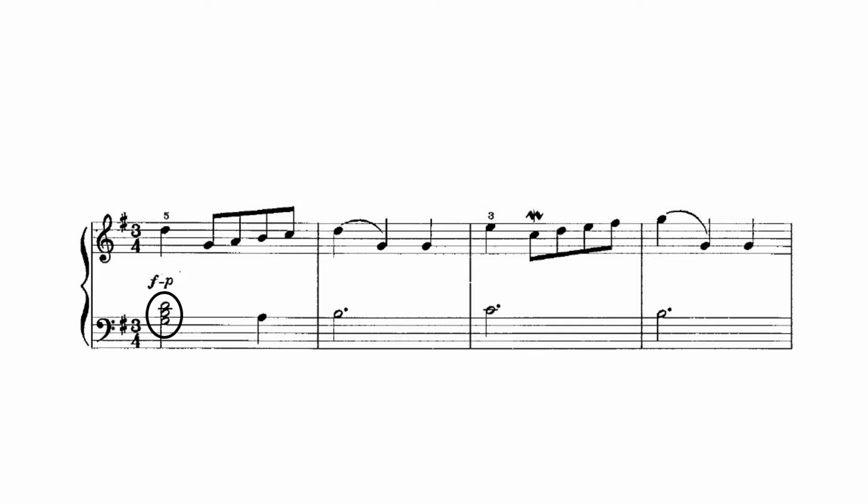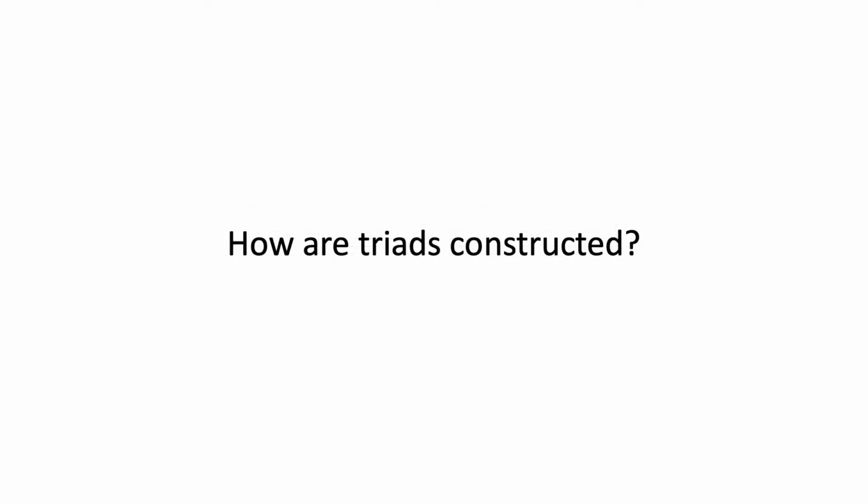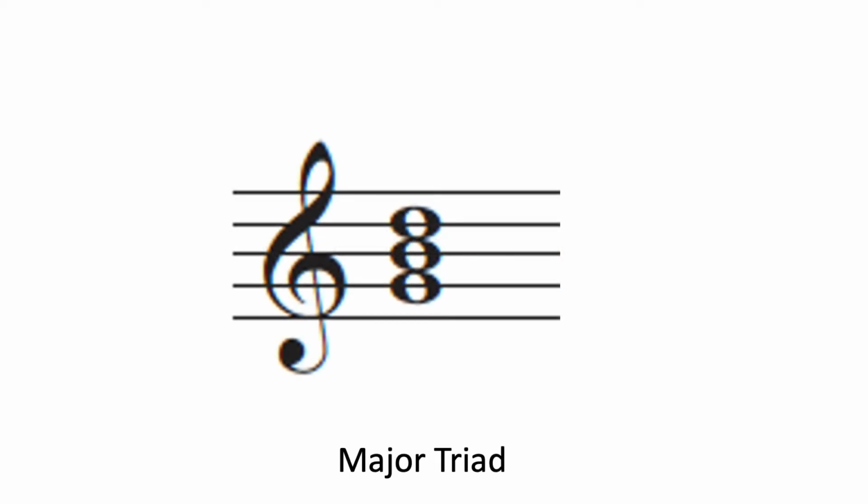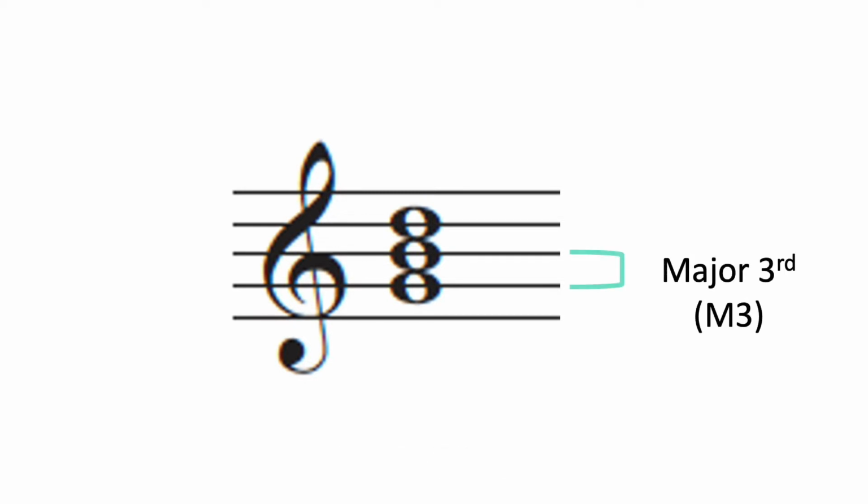So how are triads constructed? How do we build these things? Well, here's a major triad. How do we construct a major triad? The bottom two notes need to be a major third apart, so that's the interval of a major third. Then the top two notes are in the interval of a minor third.